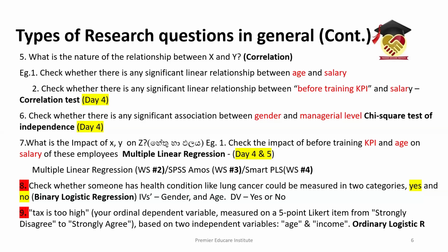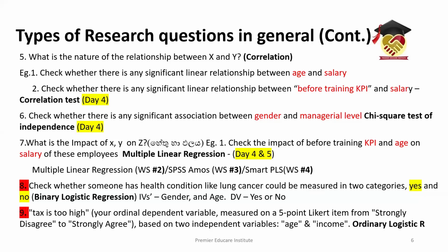Or else you can say that factors affecting the students of the private school. So whatever the impact of one or more variables on your dependent variable. This is a very, very important. Out of all these 7 techniques, number 7 is the most important.